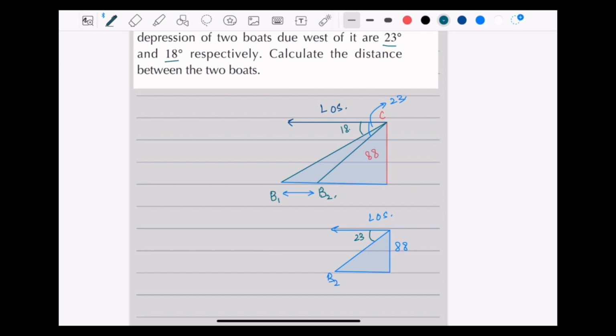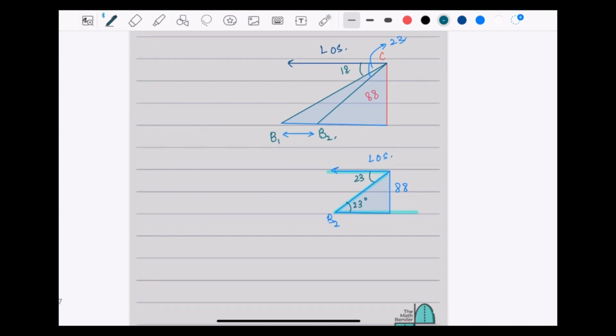And as you can see, this is a Z, which means an alternate angle, they are equal. This is also 23. And I can find the distance from the cliff to the boat. This is a.